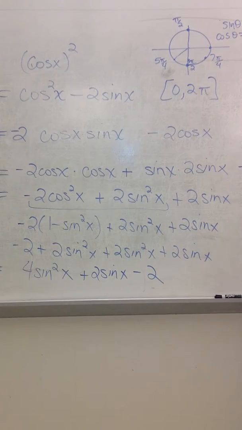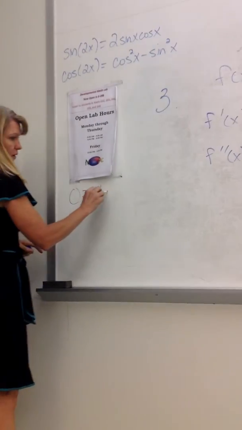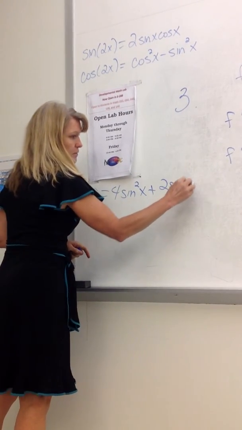Both of these are from the first derivative, right? Okay, I'll leave them up there. Over here, I'm just going to use this little space. So 0 equals 4 sine squared x plus 2 sine of x minus 2.